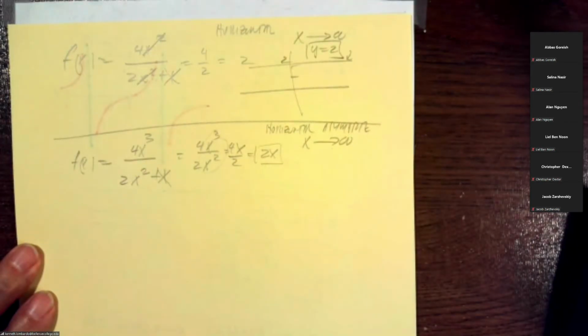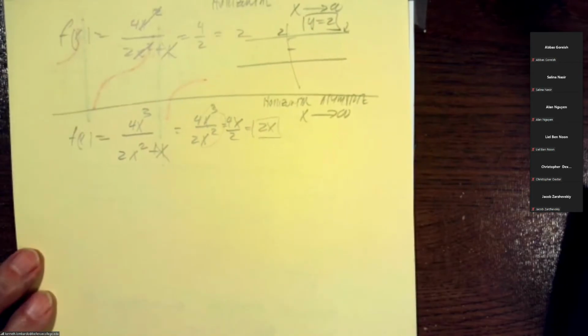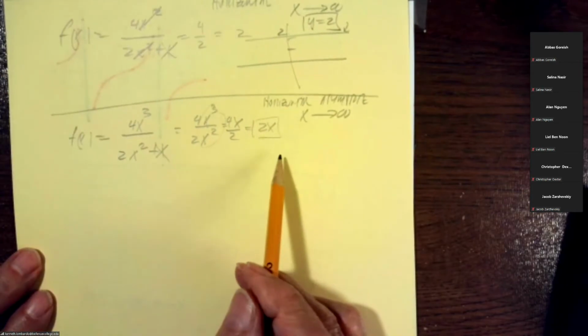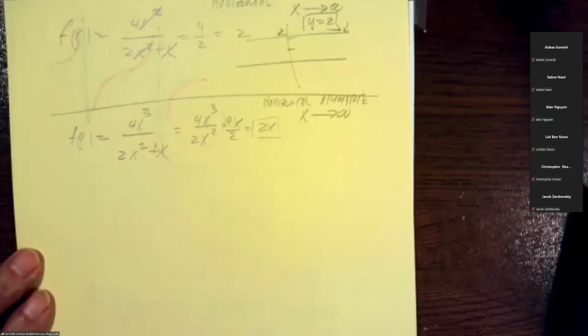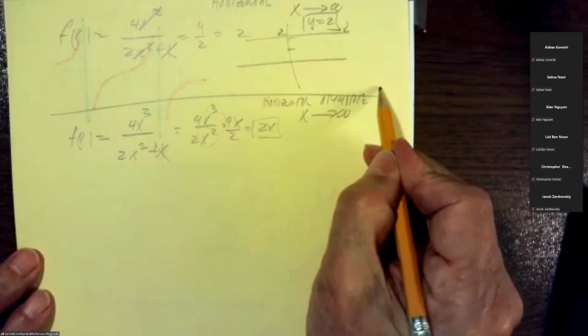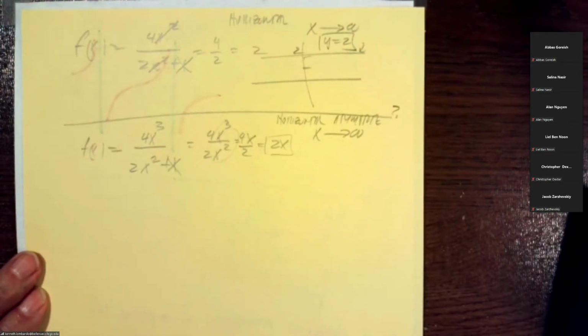Hudson? Junior? Anybody? Kathy? We have a horizontal asymptote, yes or no? And if so, where is it? You guys are awfully quiet out there.